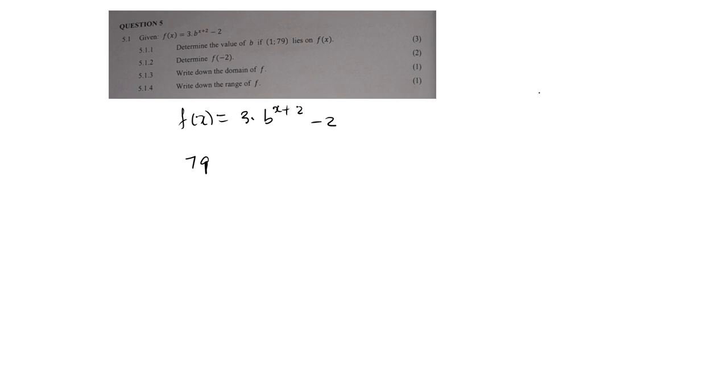It's 79 equal to 3 multiplied by b exponent x plus 2. But where you see x, you need to write something. This is 1. Remember, we are substituting something here. It's 1 plus 2 minus 2. I said we are substituting 1 and 79 inside the original equation.